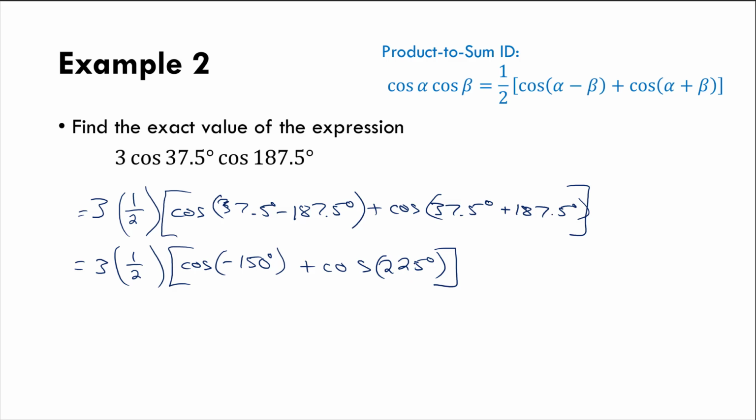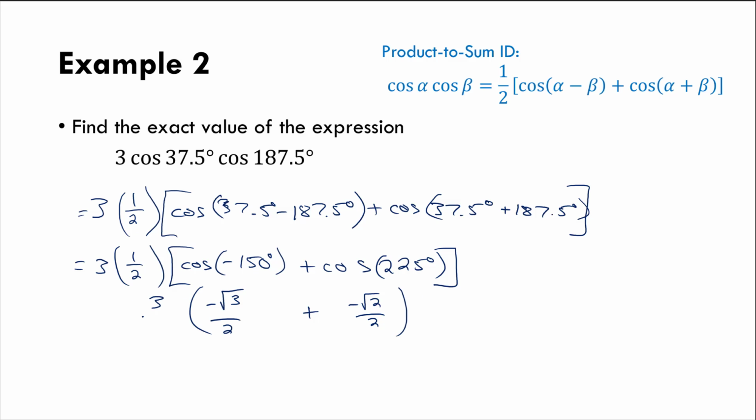I know cosine of negative 150, if I look at my unit circle, is going to be negative root 3 over 2, plus cosine of 225 degrees is going to be negative root 2 over 2. That's what I have here.